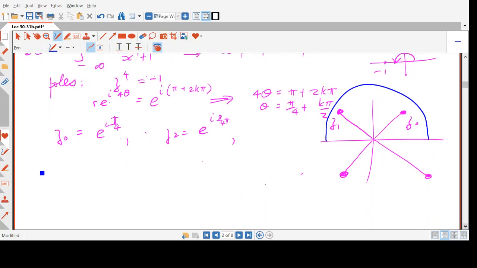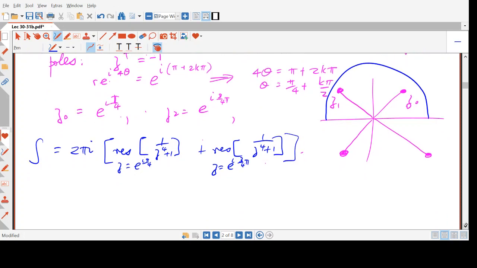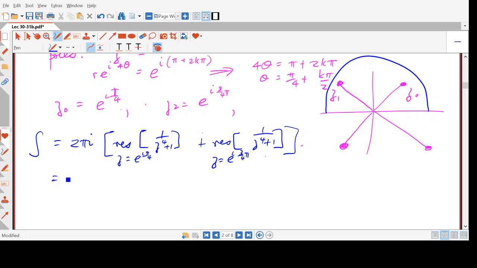So then you could say that the integral is 2 pi I residue of 1 over z to the 4 plus 1 at z equals e to the I pi over 4 plus the residue of 1 over z to the 4 plus 1 at z equals e to the I 3/4 pi. And to work out the residue is very straightforward. 2 pi I, you're going to take 1 and differentiate the denominator.